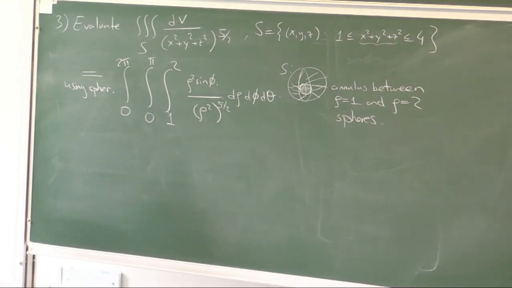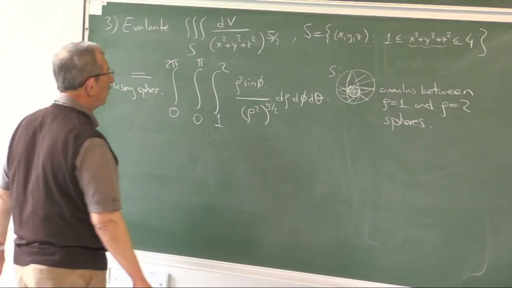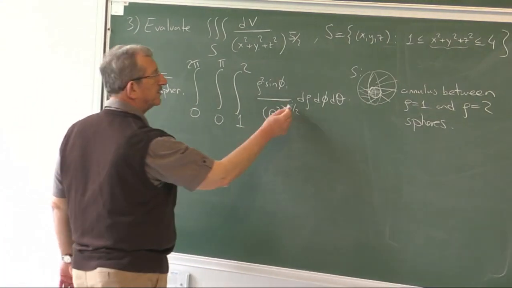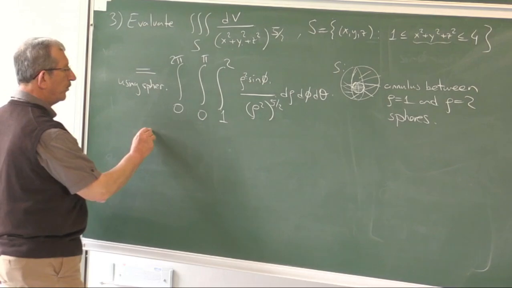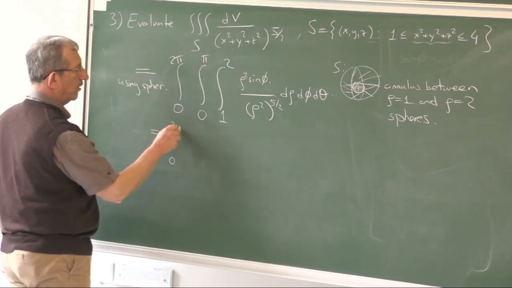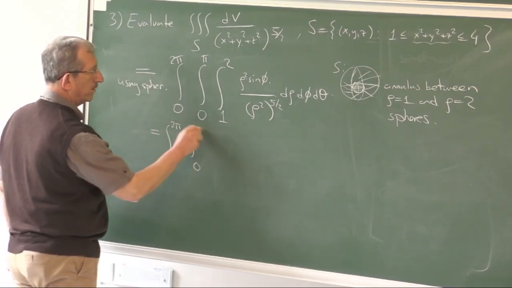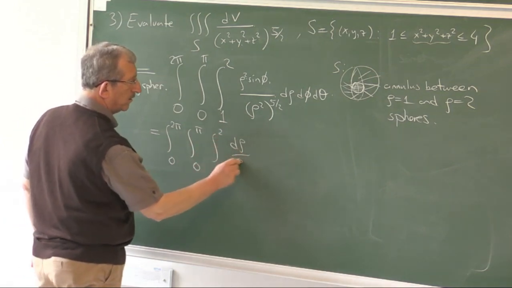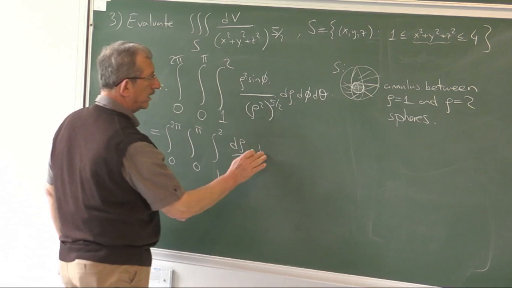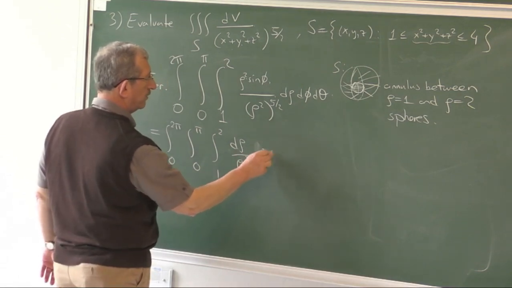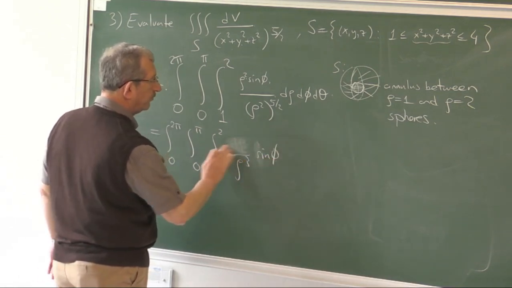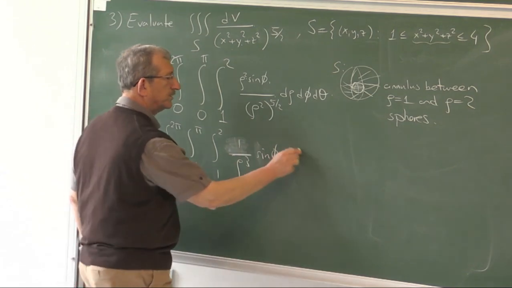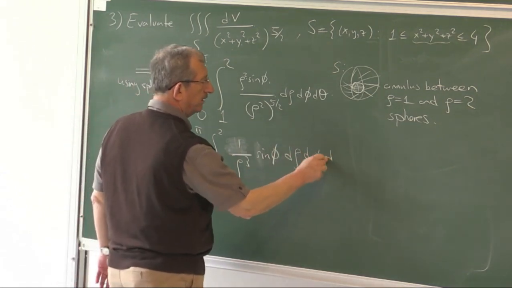Okay. Now, what does calculation show us? Well, this is 1 over rho cubed, and we have sine phi, d phi, d theta.